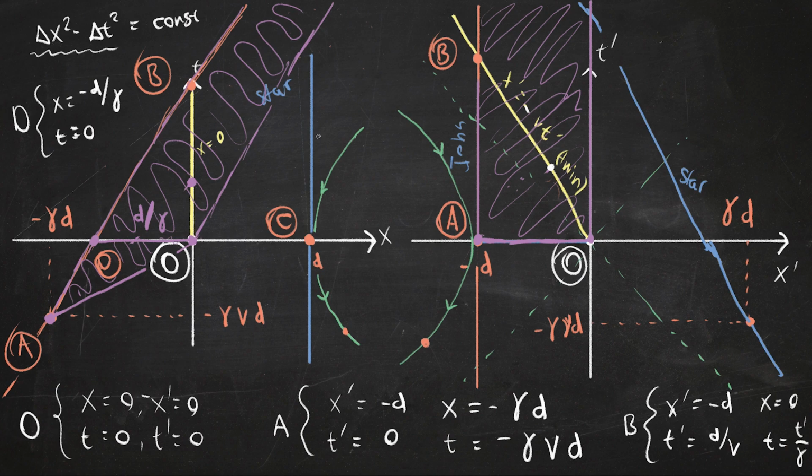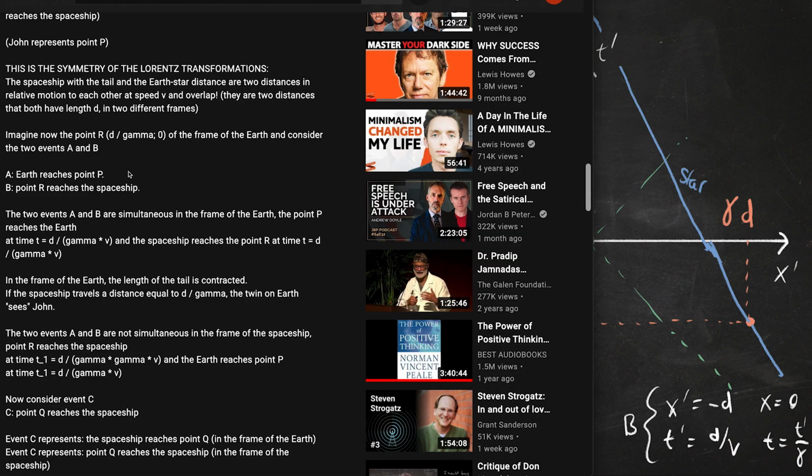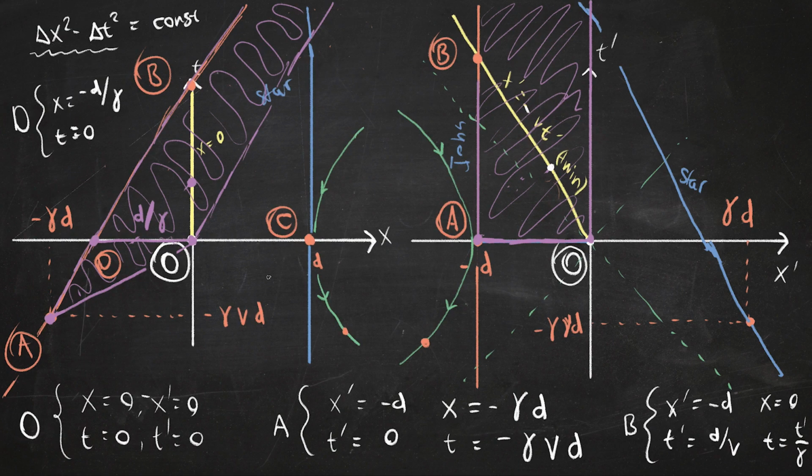Okay, so we had the star, right? And the star was this line here, like that. You're saying the Earth star distance, which is the O to the event C, except the event C was down here for this space-time, wasn't it?